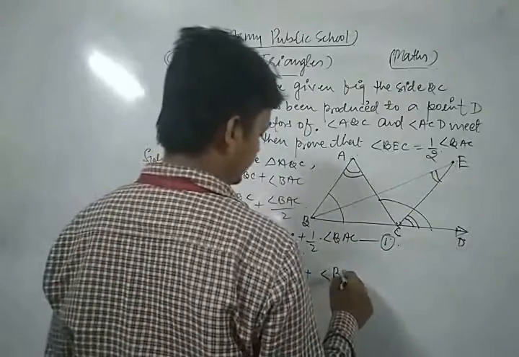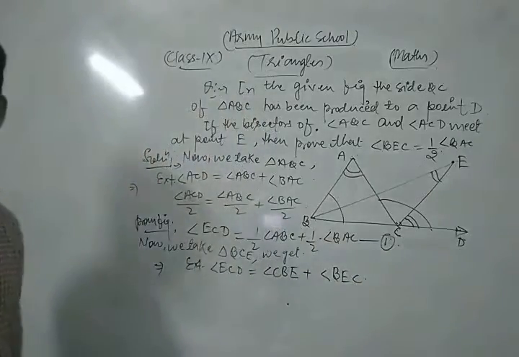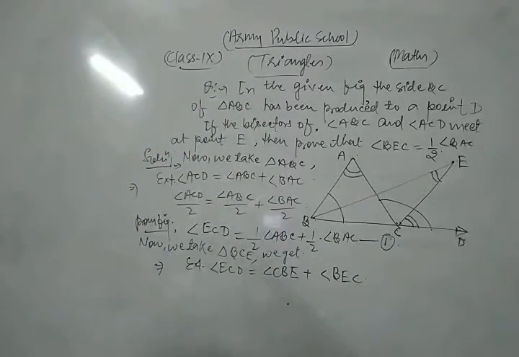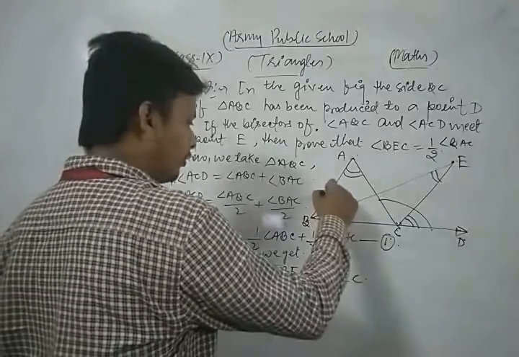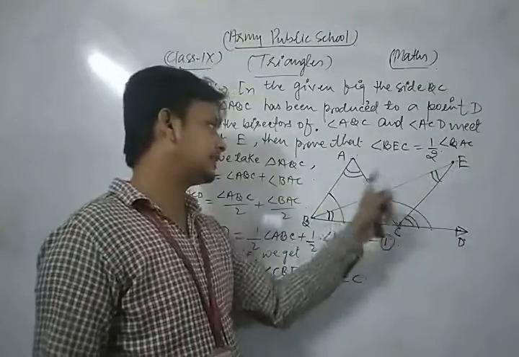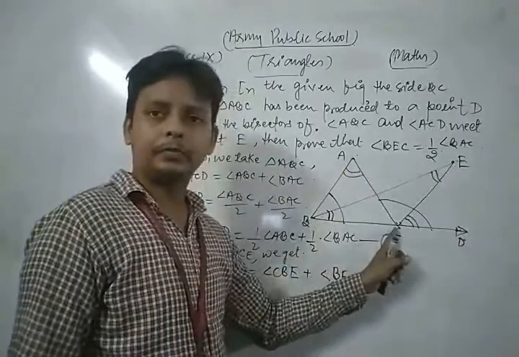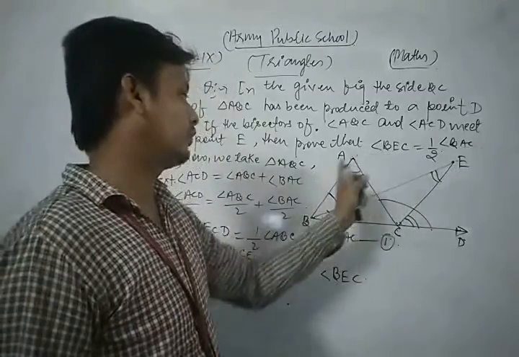Now, angle CBE is half of angle ABC, because BE is the bisector of angle ABC.